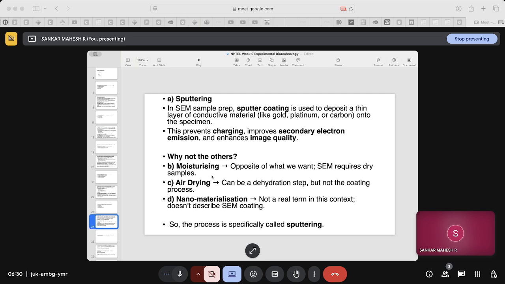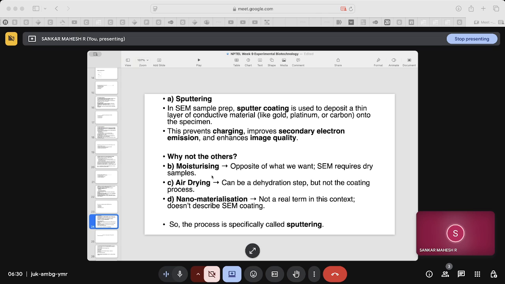Now, moisturizing. In SEM, we want dry samples, like we mentioned earlier. We do not want water, so moisturizing is a bad idea. Air drying. This involves removal of water molecules.